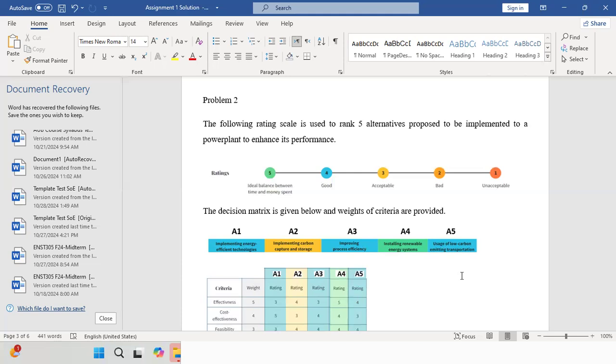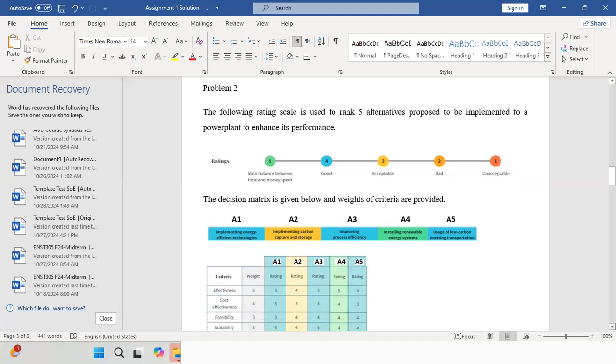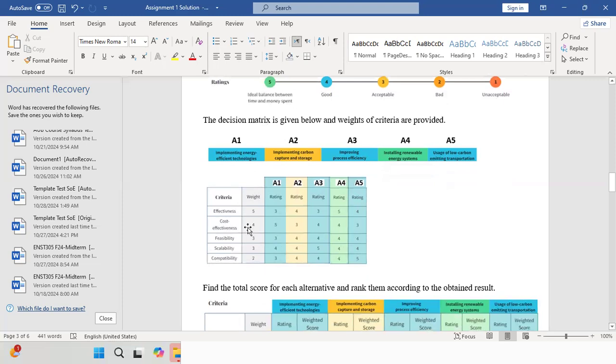Let's say you did a questionnaire, you got an average response, and you were able to rate your 5 alternatives. Now, in addition, we need to decide on the weight. One method is the pairwise comparison, as we did together before. And here, what are the criteria they want to consider? The effectiveness, the cost effectiveness, the feasibility, scalability, and compatibility.